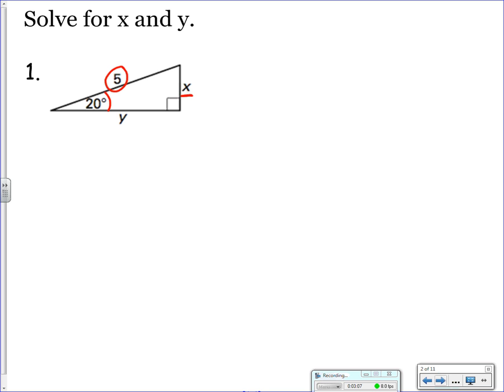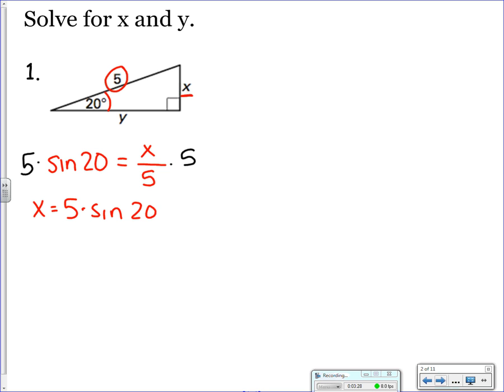So sine of 20 is going to be the opposite side over the hypotenuse. Now I need to solve for x, so I multiply both sides by 5. So now x is going to be 5 times the sine of 20.